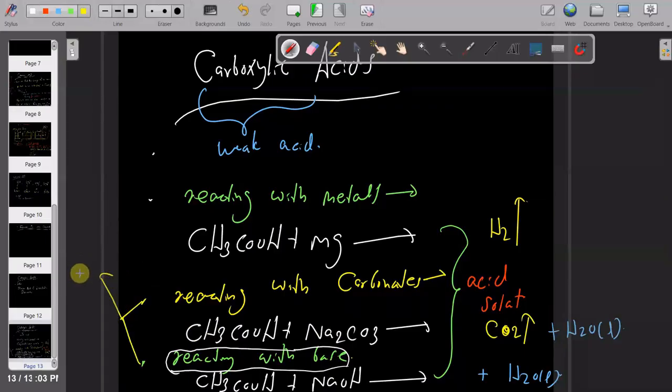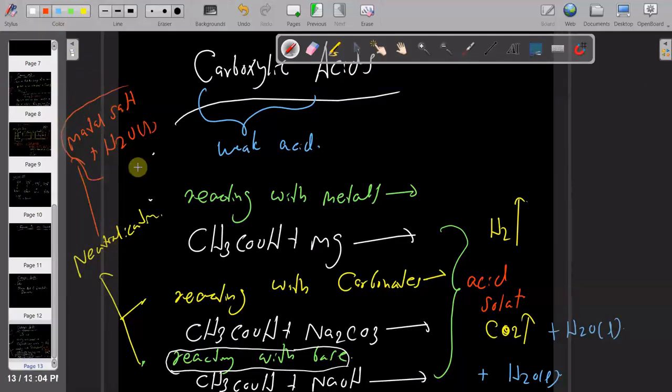Why? In the neutralization reactions, you must get the metal salt plus water. If metal salt and water both are not there in the equation as the products, you can't call it a neutralization reaction.